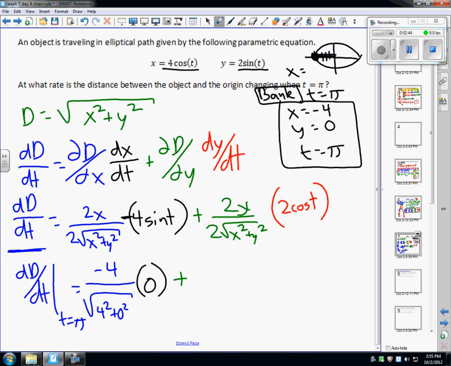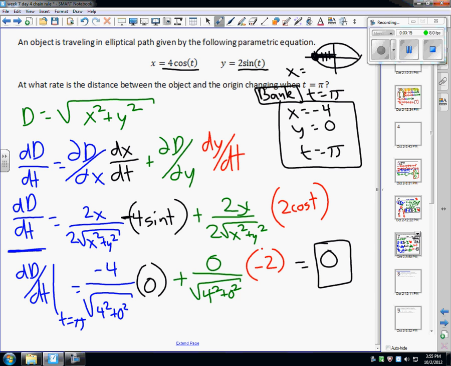Plus, let's see here, if I plug in y, I get 0 all over the square root of 4 squared plus 0 squared, times 2 cosine of t. Let's see, 2 cosine of pi is -2. Well, in all of this, this one happened to miraculously be, my rate of change is 0.